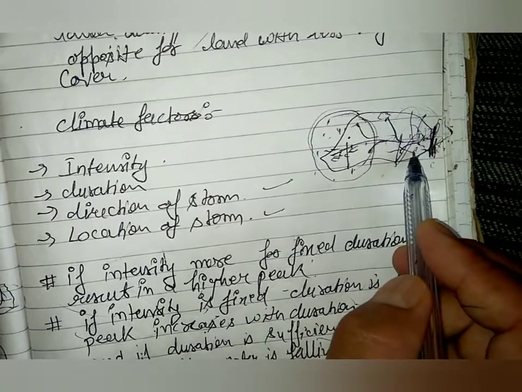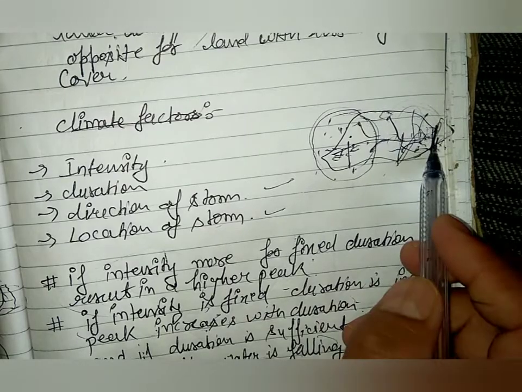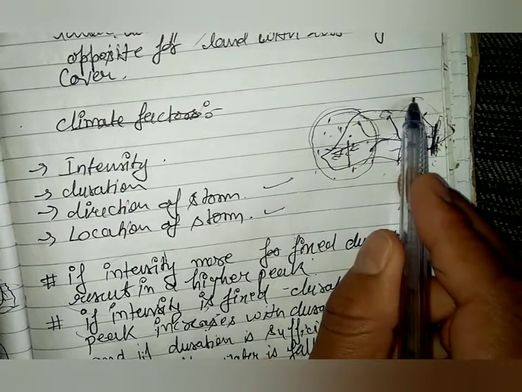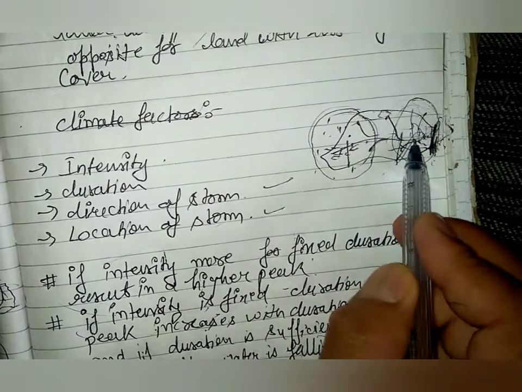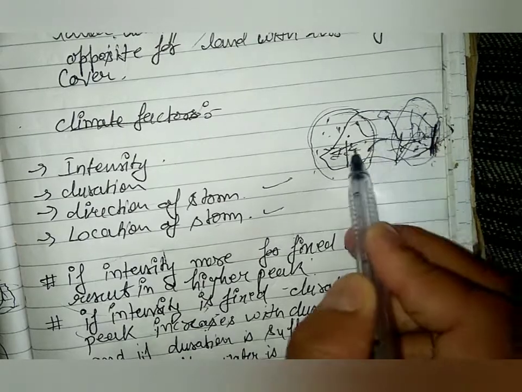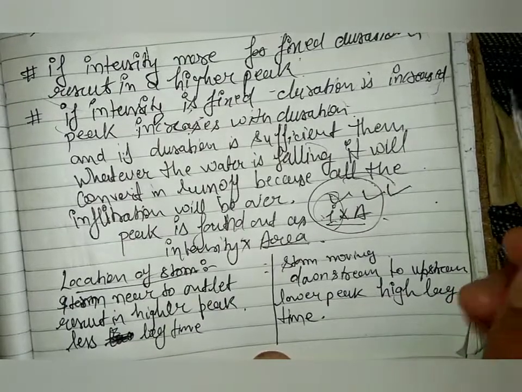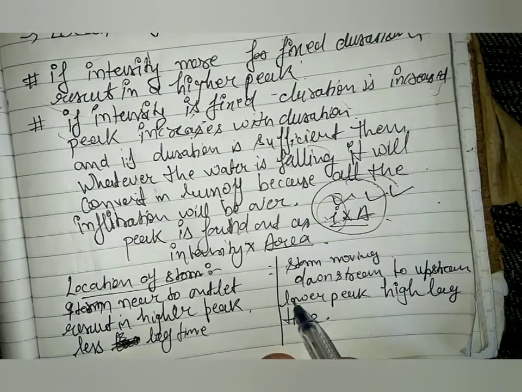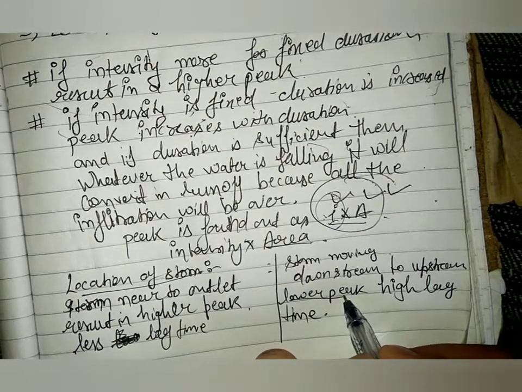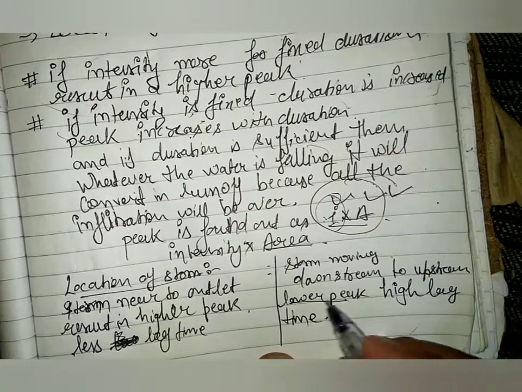The direction of the storm is also there. If the storm is moving from downstream to upstream, then a lower peak will exist and a high lag time will be there.